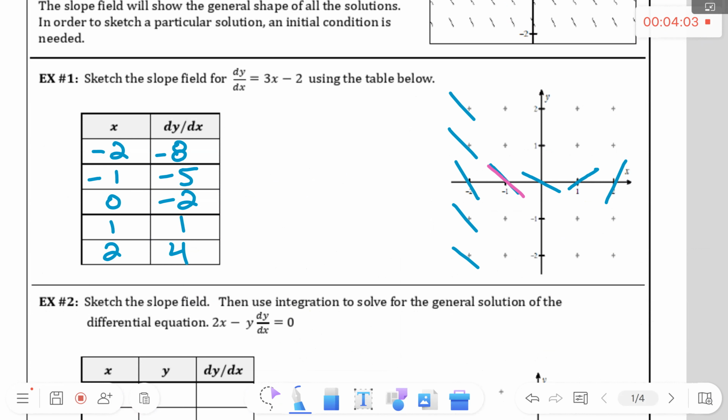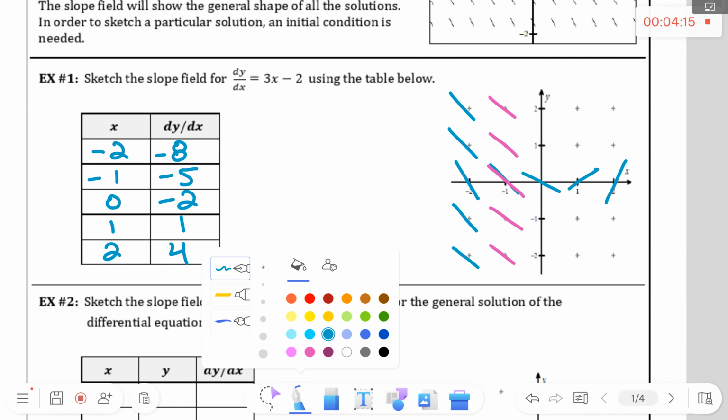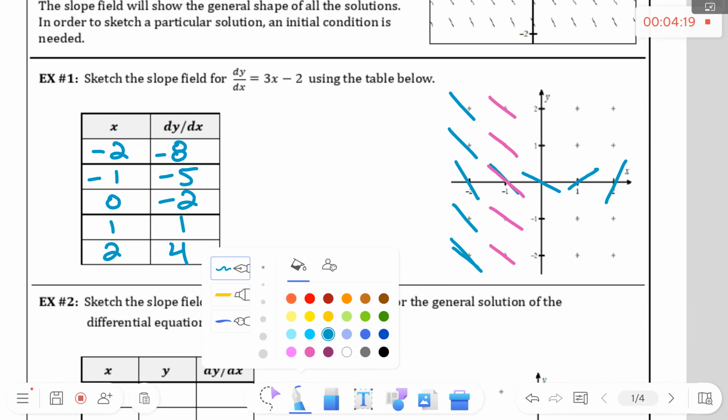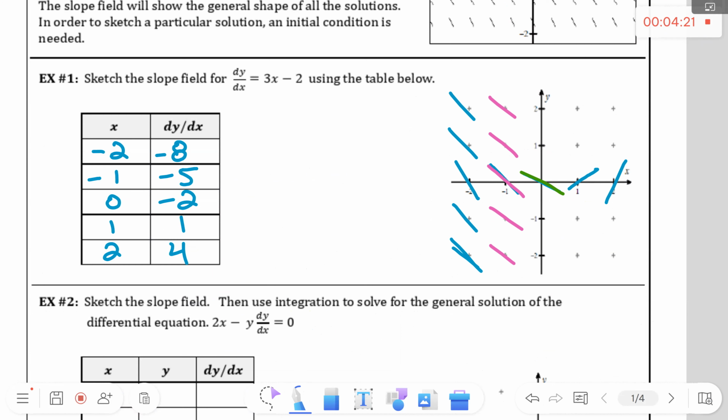Those are all -5. The last one got a little wonky on me. In another color, this one is going to be -2 all the way down.